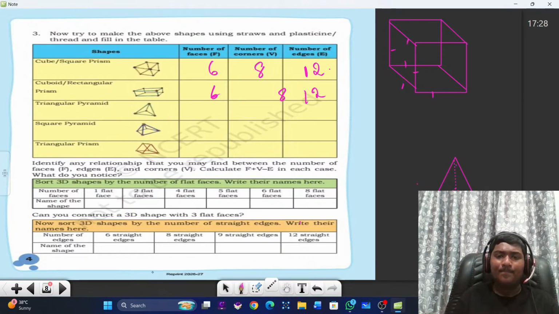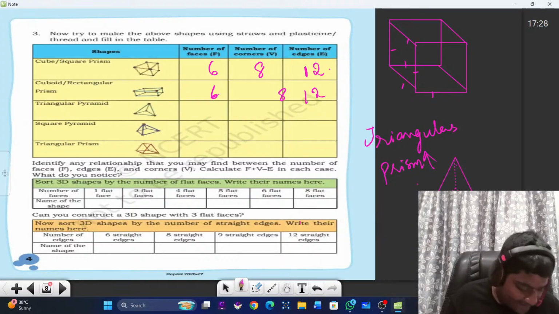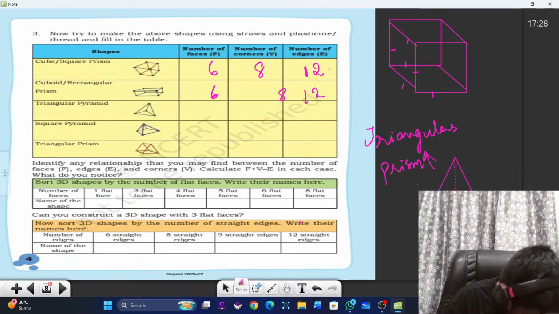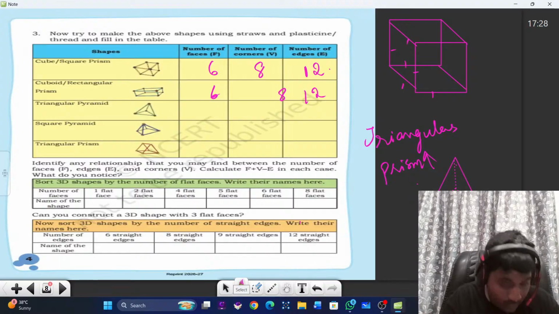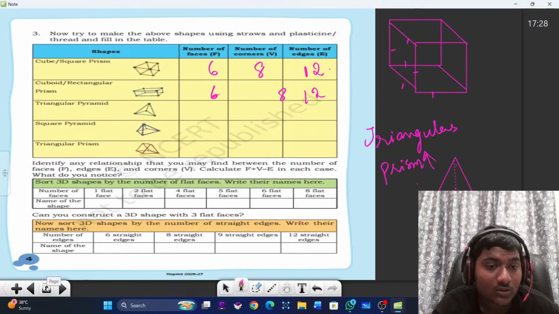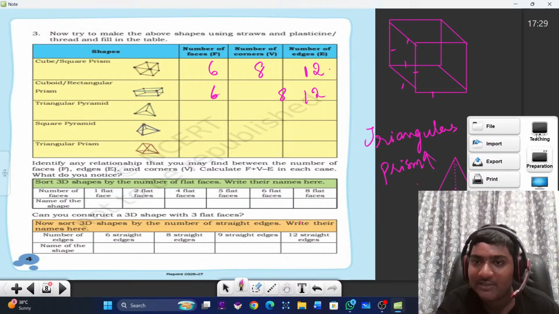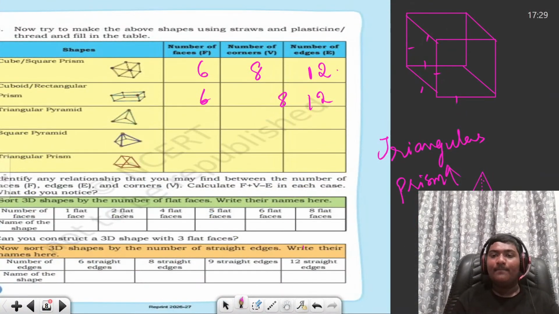So children, this is the triangular prism as well. Sorry children, it's a triangular pyramid. Let me go on teaching more, otherwise there will be some issues. So it will be the triangular pyramid.